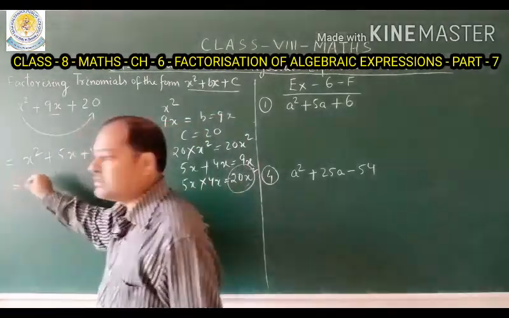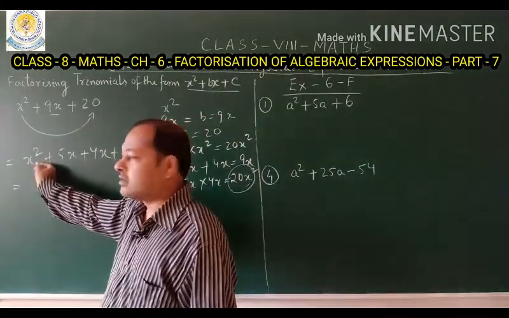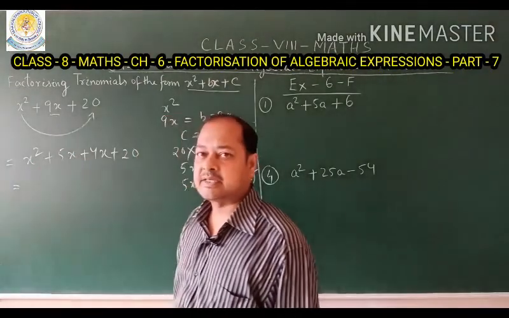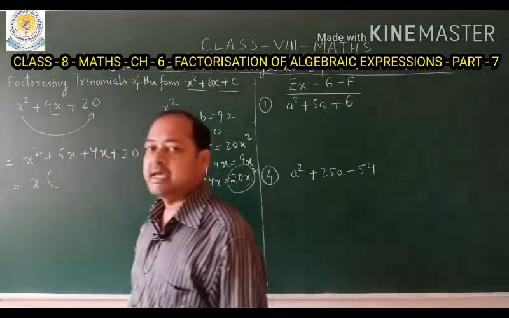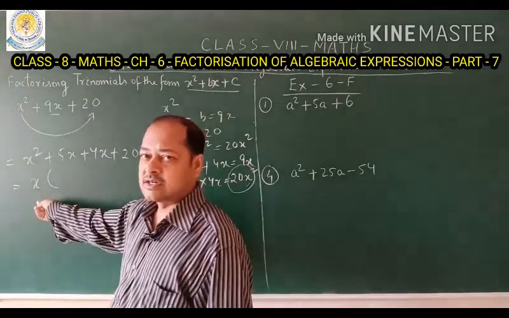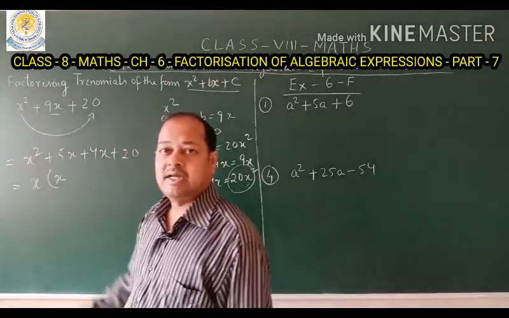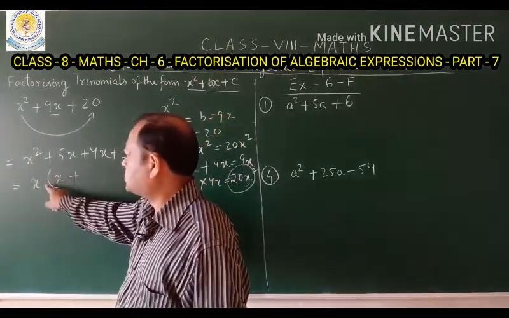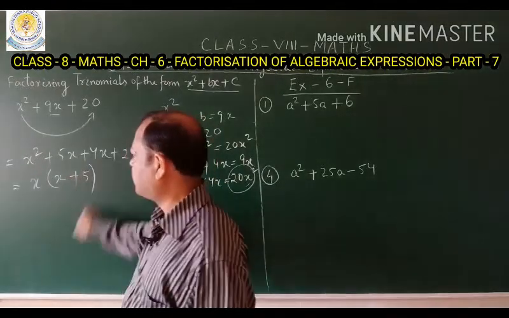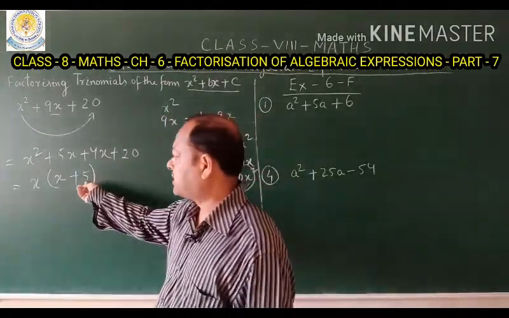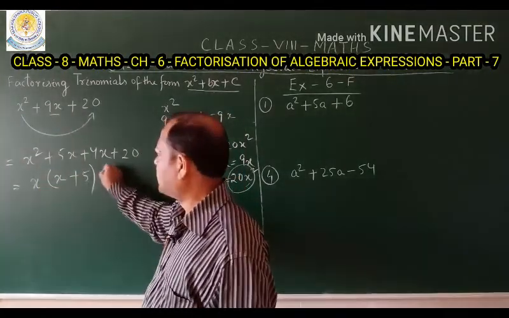Now it is very easy to take common. What is the common factor of x square and 5x? Definitely that is x. If you take x as common, it will be x, because x into x is x square, plus what is left from 5x? That is 5, because 5 into x is 5x, plus.